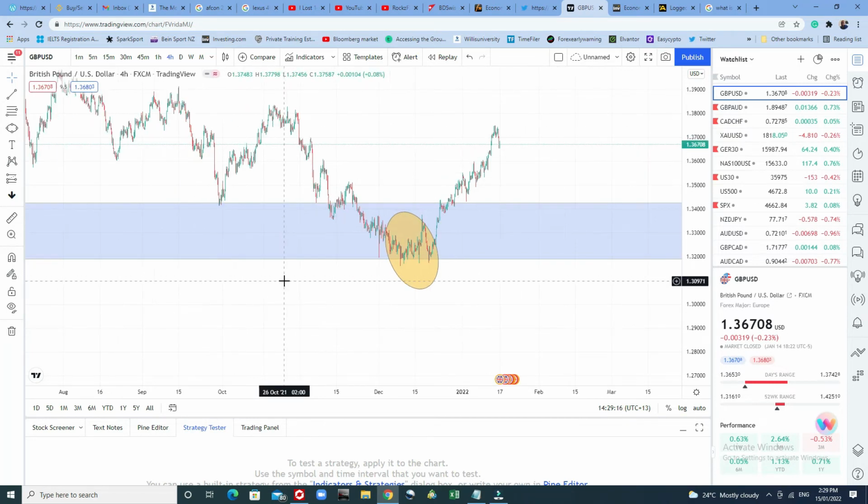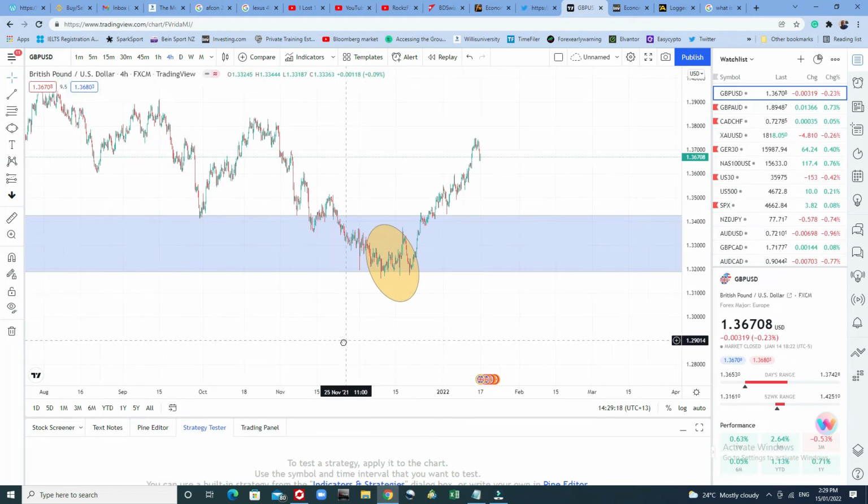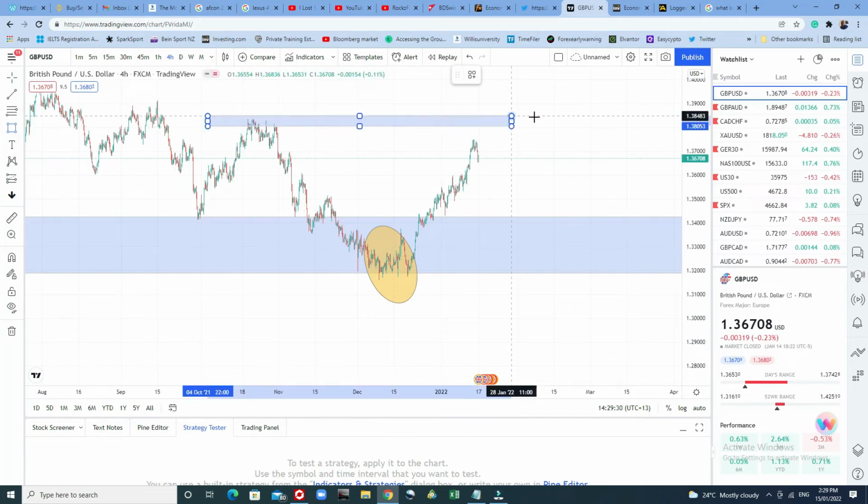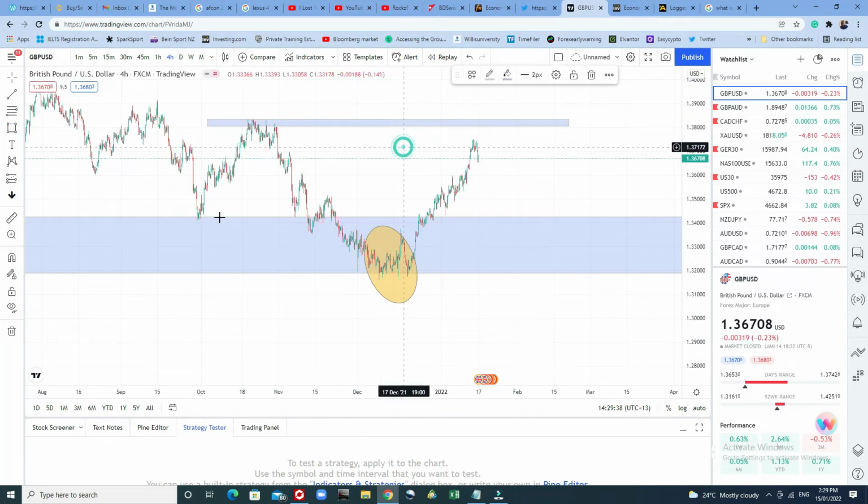Now, we can as well identify these levels as an important area. This is a structure. So we just draw a rectangular line, which is what? A resistance, and this is the major resistance.